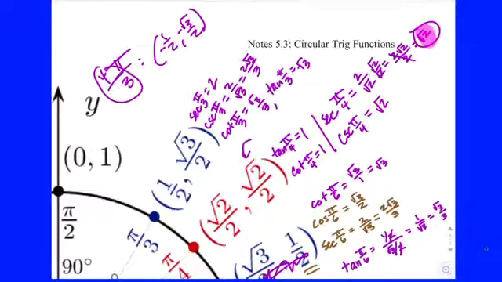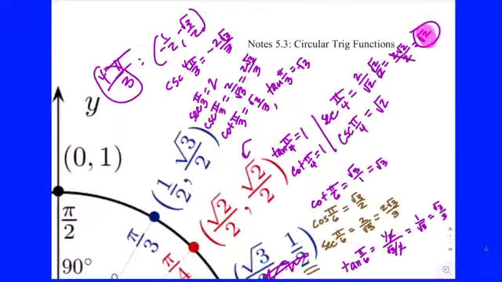Now you're ready to answer the question very easily. For instance, what would the cosecant of 4 pi over 3 be? Well, you're going to flip the y value, which is 2 over the negative square root of 3. And then when you rationalize it, you get negative 2 square root of 3 over 3. And there's your answer. Takes you way less than a minute.